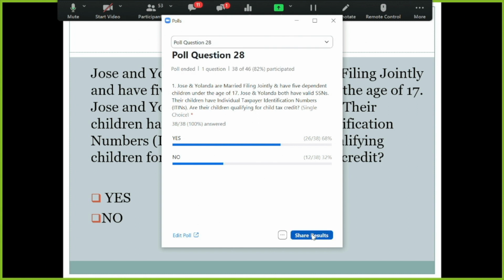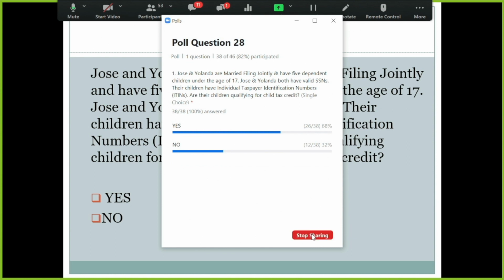I'll share the results. And we didn't do very well on this question. The answer is no. And why is it no? The children do not qualify for the child tax credit. Remember, they have to have a valid SSN. Since they have ITINs, they will not qualify for this credit.